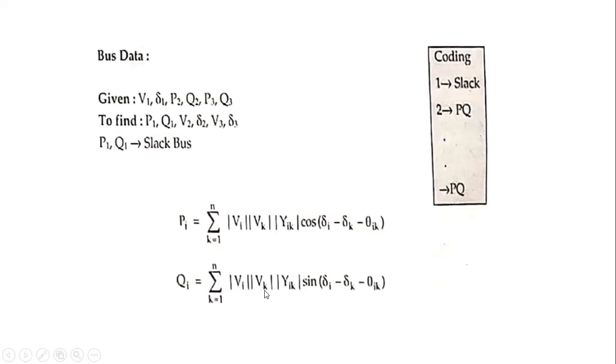Then substitute K is equal to 3: V1 V3 Y13 sine of delta 1 minus delta 3 minus theta 13. Okay, that is the formulas for the P and Q values.